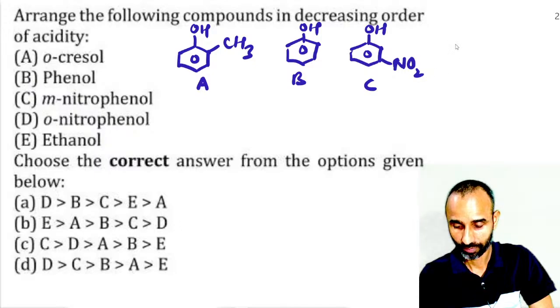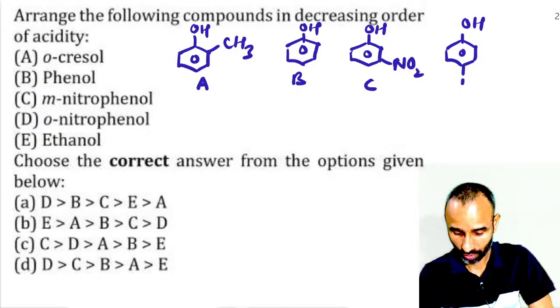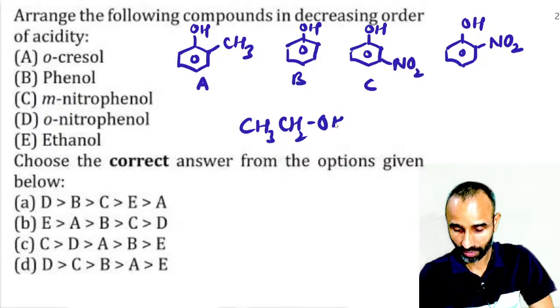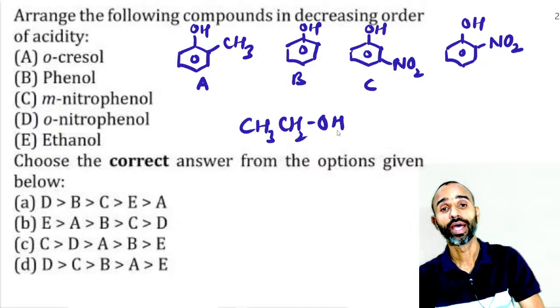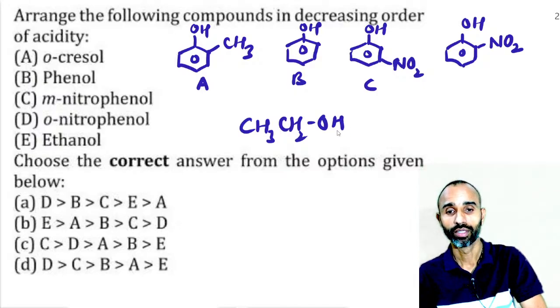Metanitrophenol. Orthonitrophenol. And the last one is ethanol. So obviously if we compare phenols and ethanol, phenols are more acidic than ethanol, option D.